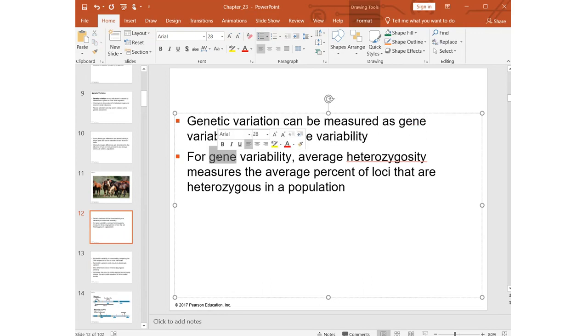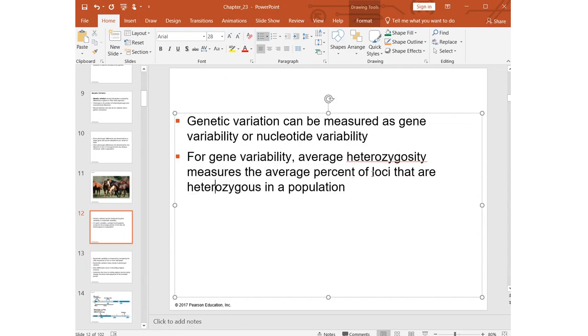For gene variability, there's something called average heterozygosity. We won't really get into that too much in this chapter, but average heterozygosity measures the average percent of loci that are heterozygous in a population.